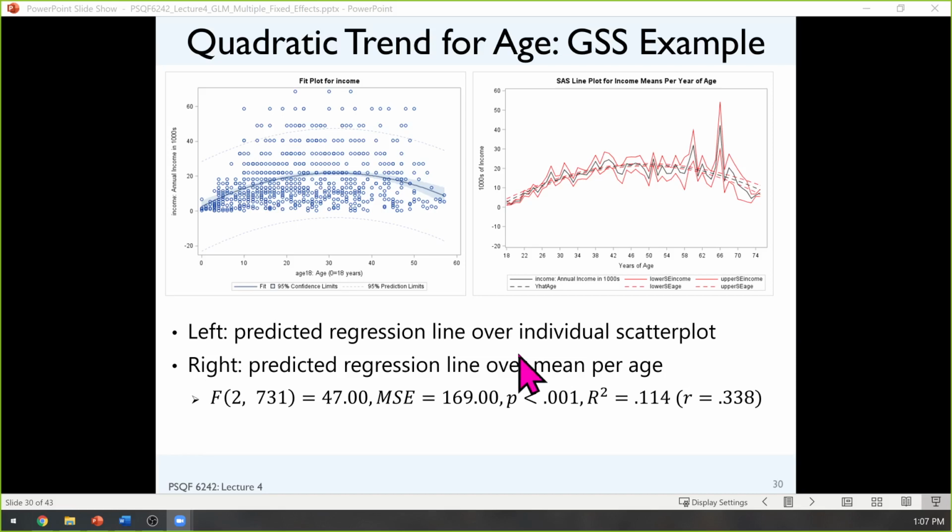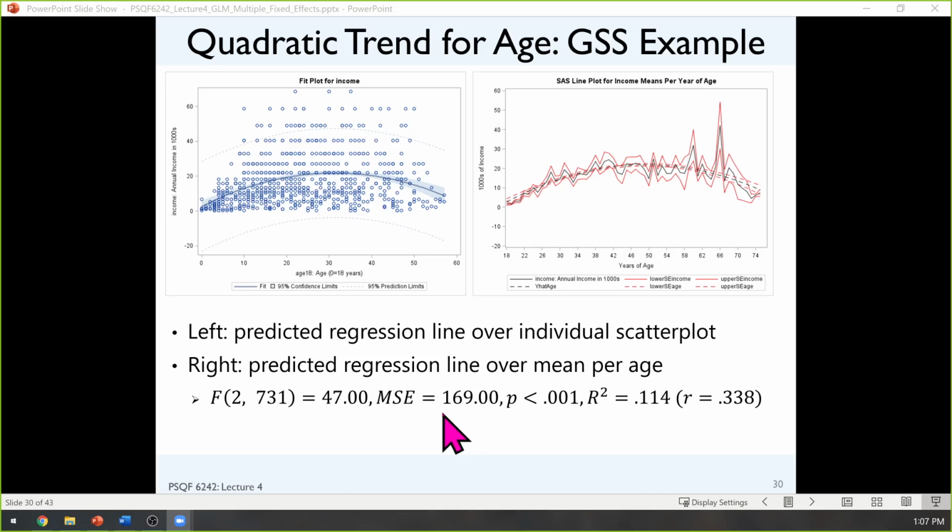So same idea in terms of lumping slopes together, but for a different reason. In this case, what this result right here is telling me is how well age relates to income. But to answer the question of how age relates to income, it takes two slopes to do it. It takes a linear slope of age paired with a quadratic slope of age.